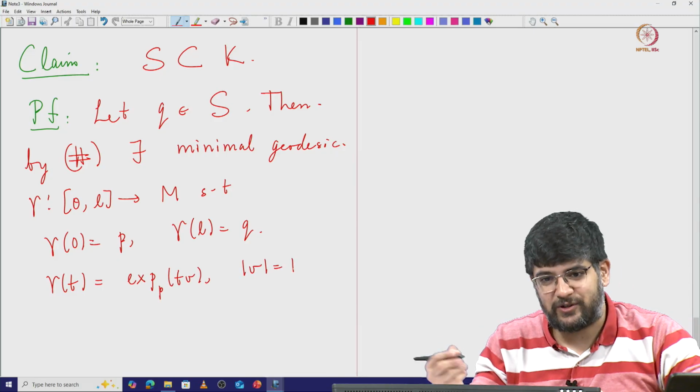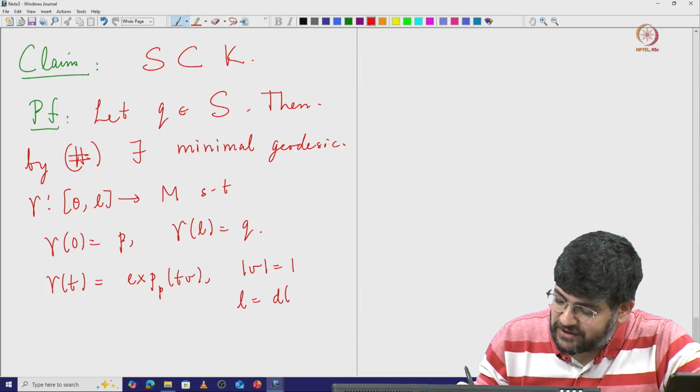So I am reparameterizing so that gamma is unit speed and L is simply the distance from P to Q.